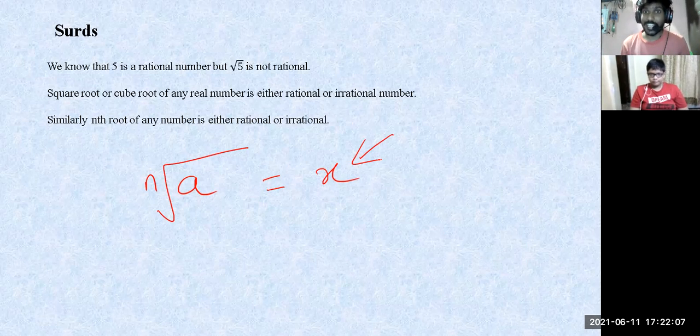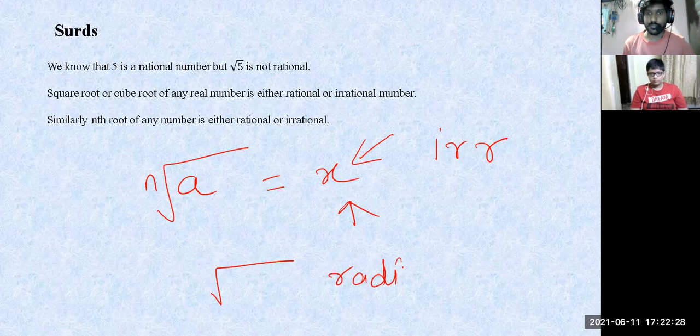But I'm saying if it is irrational, then x is a surd. Understood? If it is rational, it is not a surd. And this root sign is called a radical. Understood? Now can you repeat?